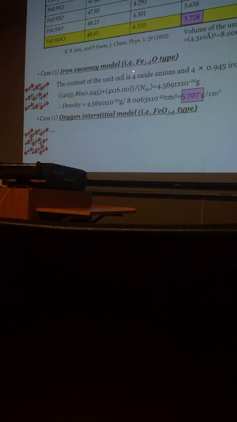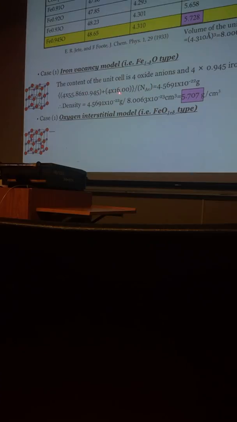So in this stoichiometry, the 4 irons should be in this unit cell, but 0.945 iron. We know the atomic weights: 55.86 grams per mole for iron versus 16 grams per mole for oxygen.